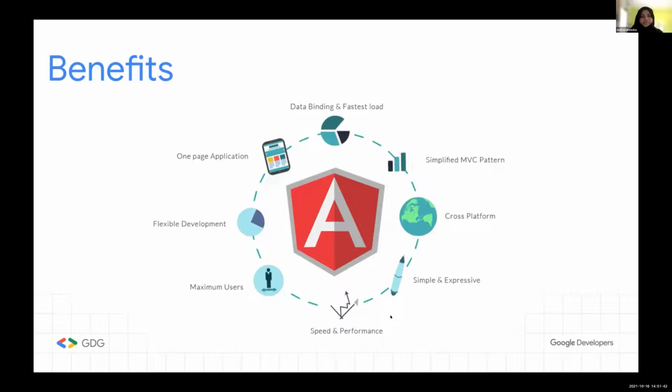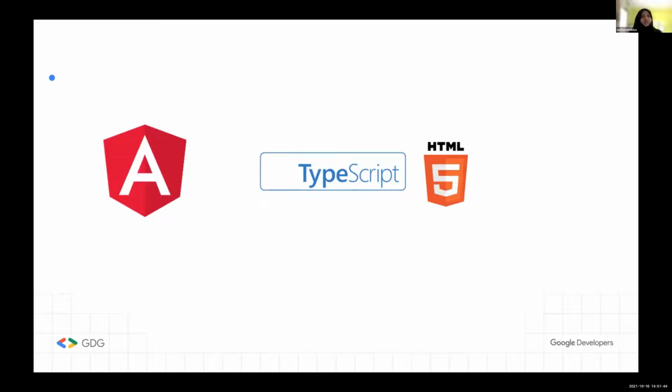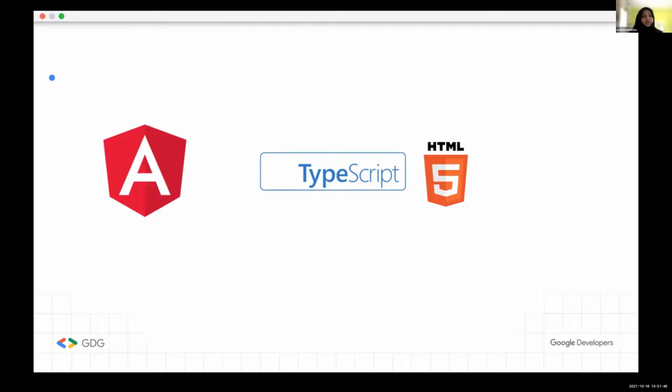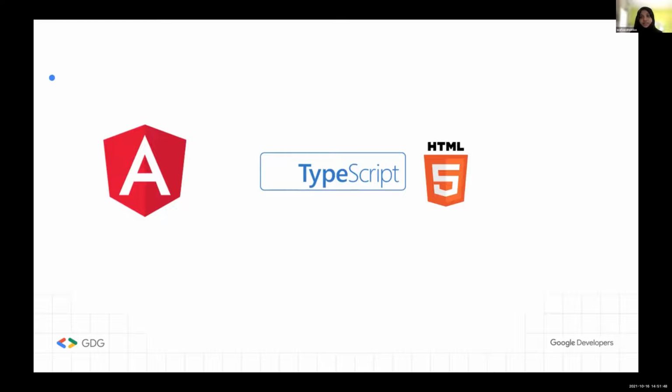Okay. Now let's get into what Angular is made of. We just saw HTML, CSS, and JavaScript as the response that loads up in your browser once the page loads. What is Angular made of that helps you build these pages?